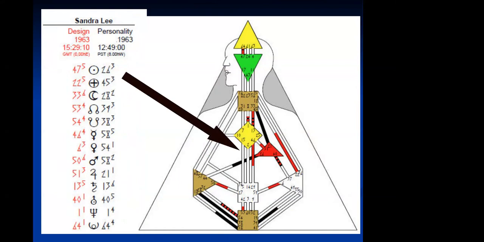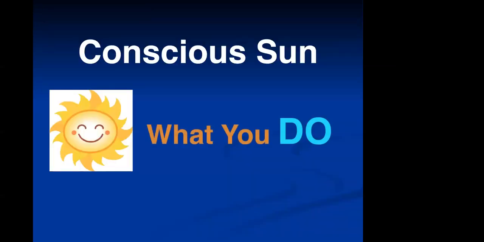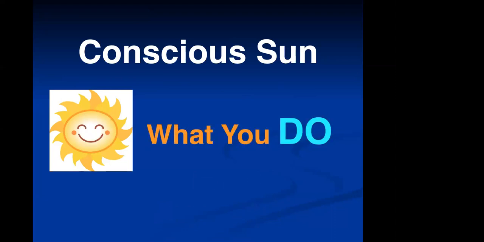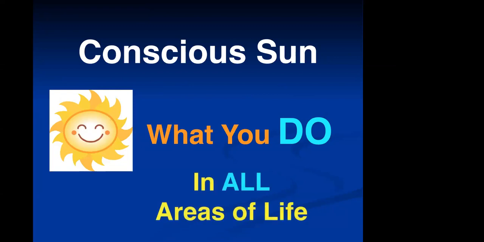Now I'm going to talk a little bit more about the energies of the conscious sun. So I think of the conscious sun as being the most important energy in the whole chart. So it is what you do in all areas of life.